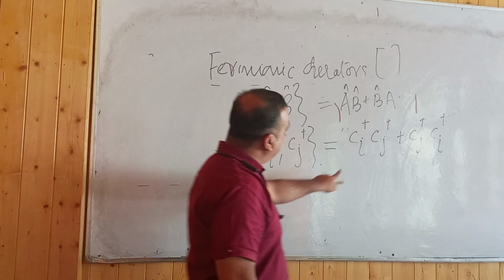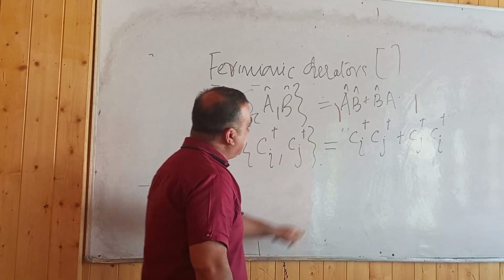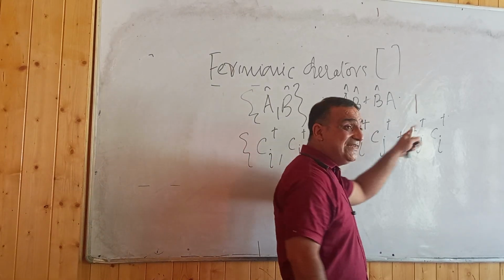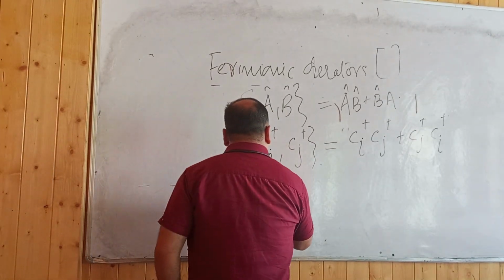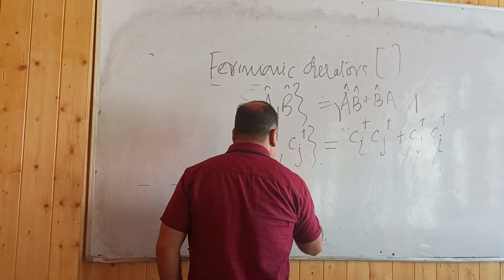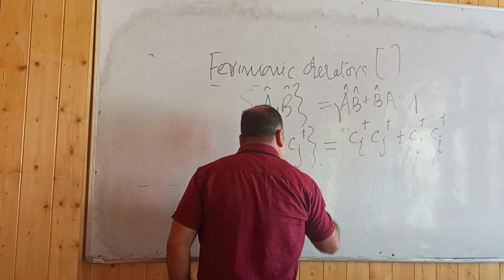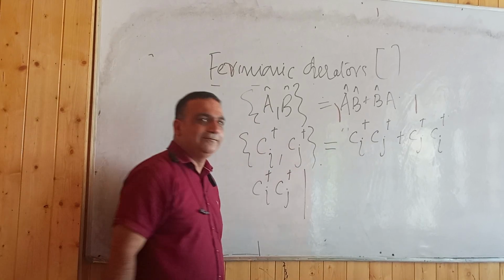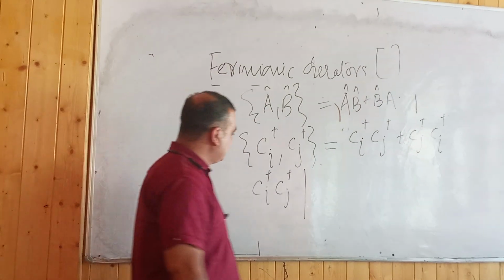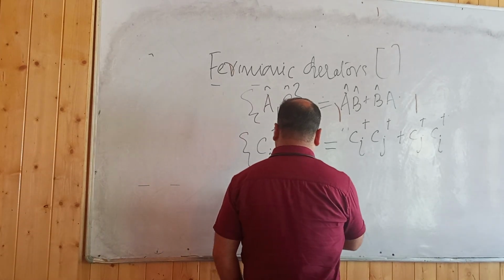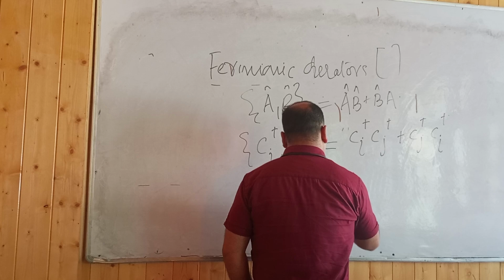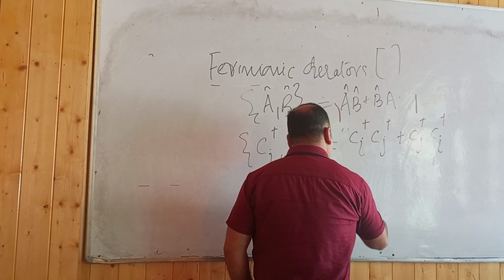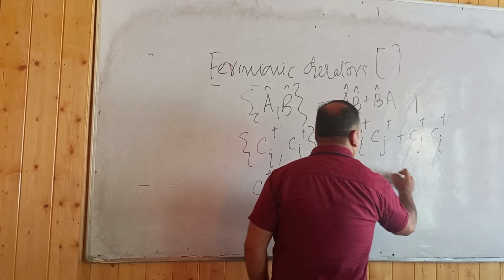So now, the first thing that I would like to calculate is Ci dagger and Cj dagger acting on UK, UL, and so on and so forth.